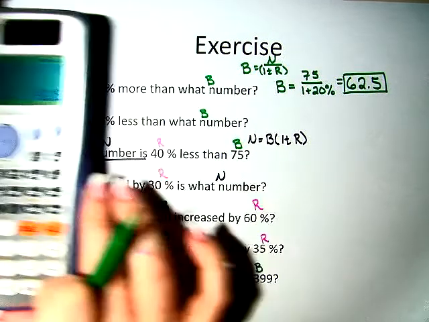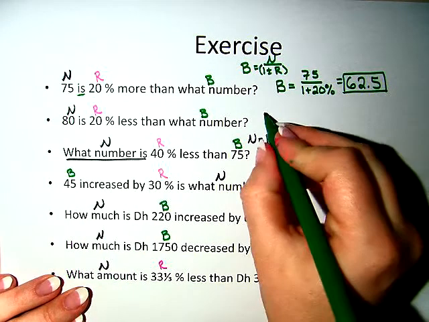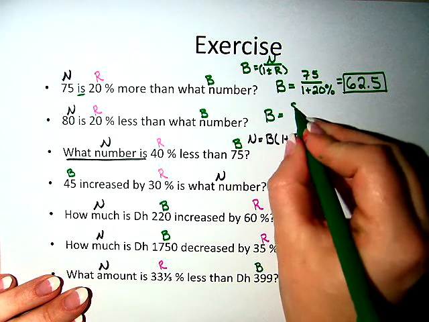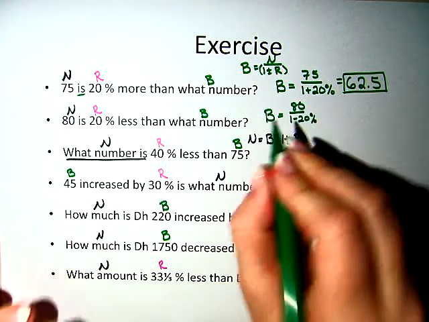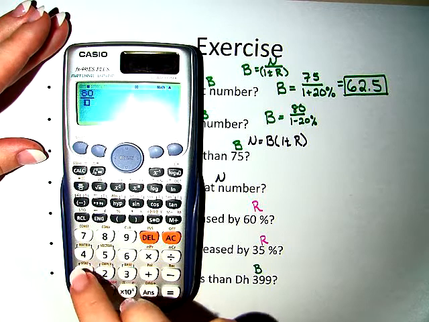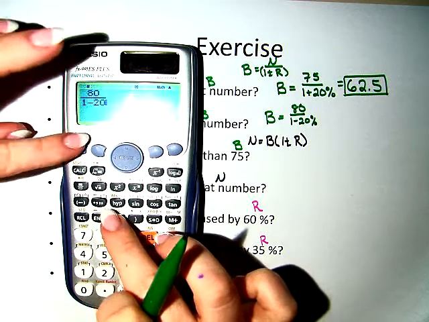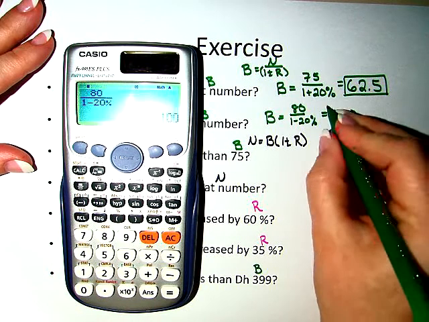Okay, next question. 80% is 20% less than what number? So our base number, 80 over 1 minus 20%, and we get that's 100.